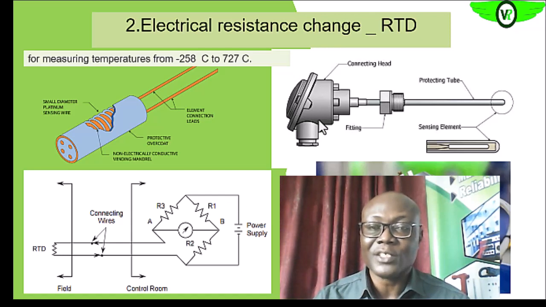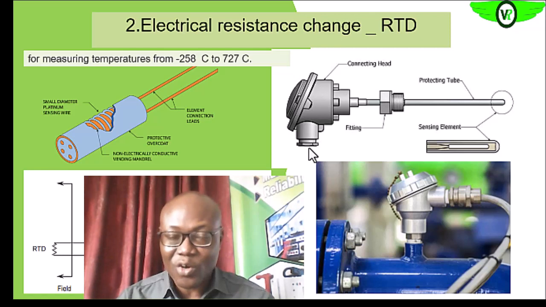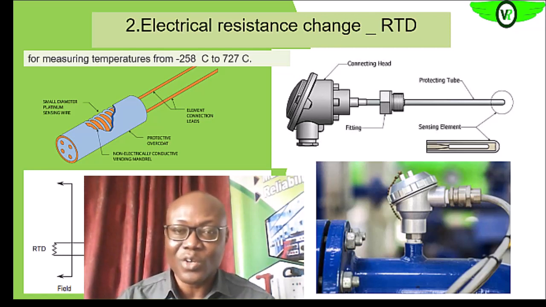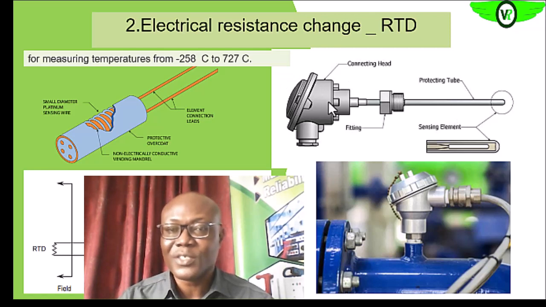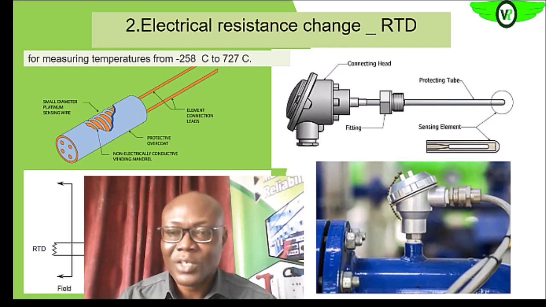That voltage will be sent to the transmitter for amplification, or sent to your local gauge or to the control room to give us a reading of the temperature in our process. So this is how it is connected in the field.